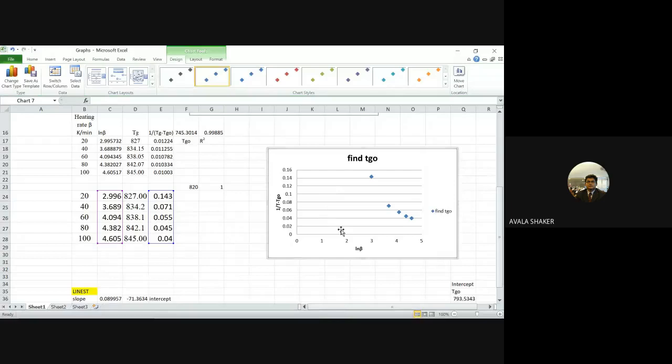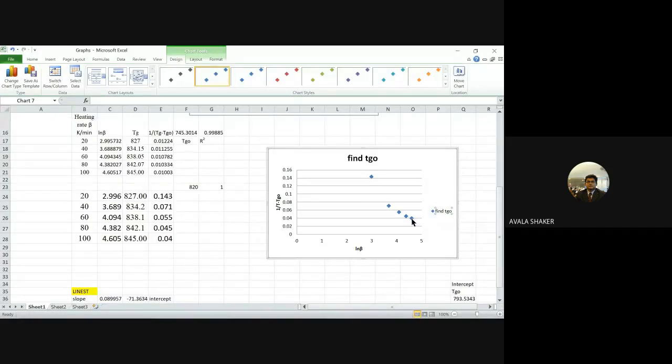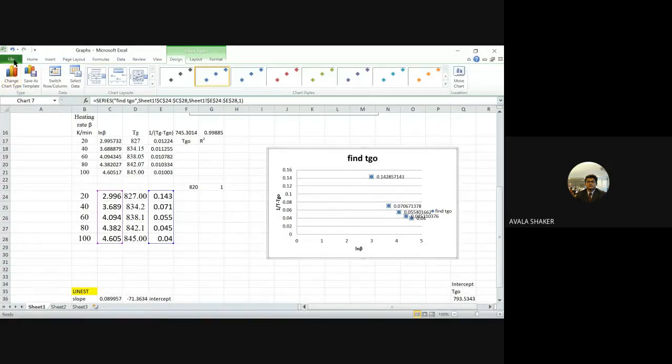The other thing we need to look at in the graphs properly is the legends, what they denote. Here it has taken the same name. We can change this if you want. If you want to add data labels, you can add them. If you don't want to add them, you can skip. You can choose your data points and you can change the size of the data points also.